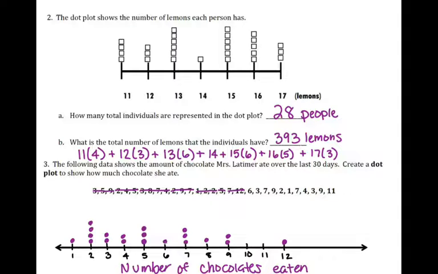And then 6, 3, 7, 9, 2, 1, 7, 4, 3, 9, 4, 3, 9, and 11. So right there is the dot plot that represents the number of chocolates that Mrs. Latimer ate over those 30 days.